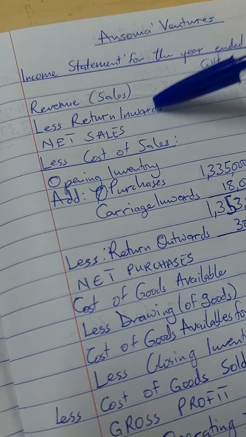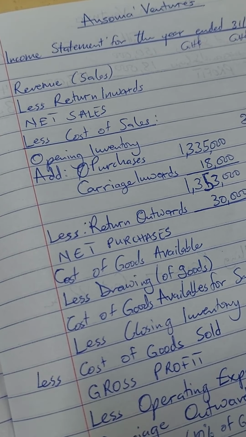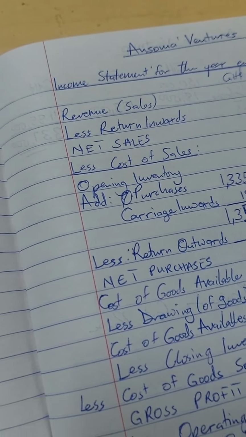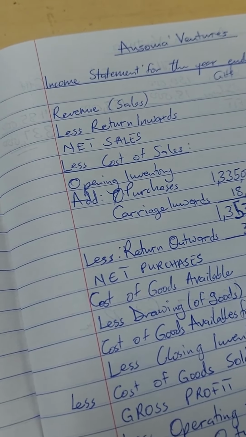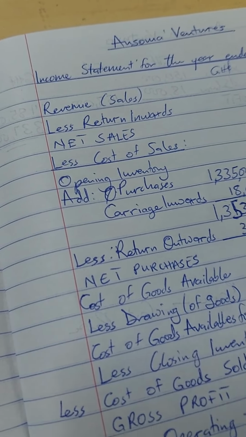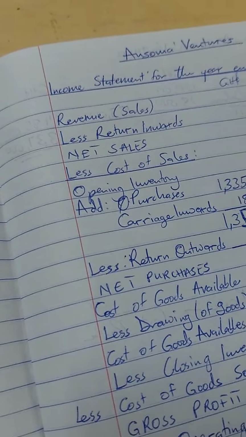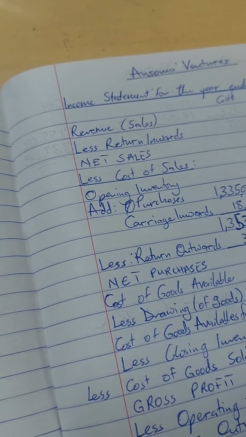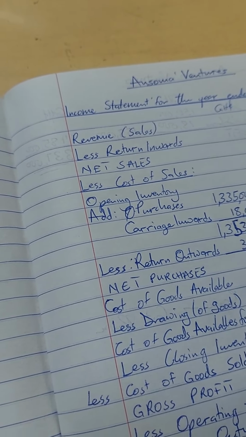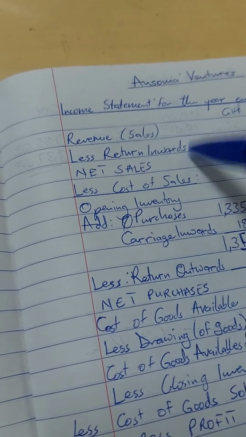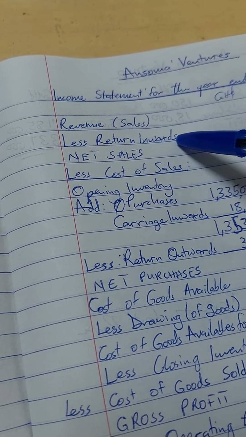Maybe the goods did not meet his description. When he bought it, you issued a receipt to the person after the person had paid, right? You issue a note to indicate that you have sold those goods. So when the person returns it, you give the person a note to indicate that the person has returned it. Those notes we consider in the return inwards.